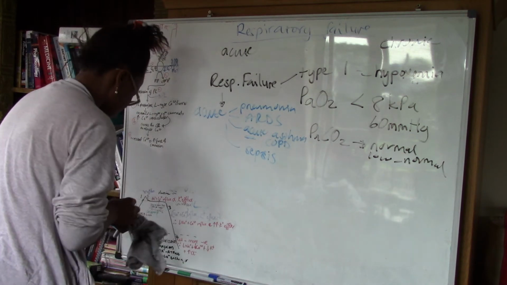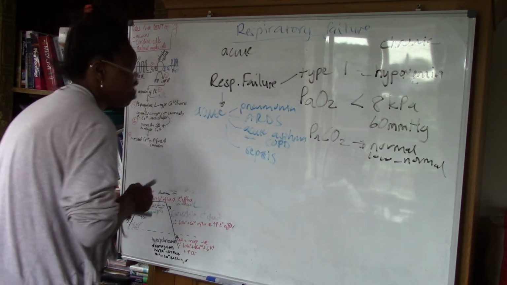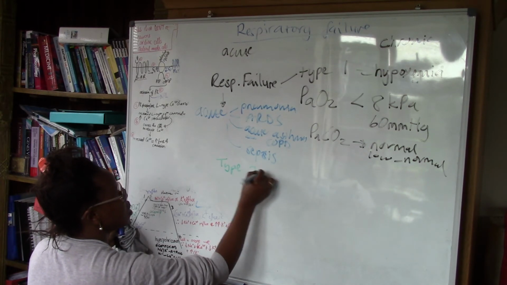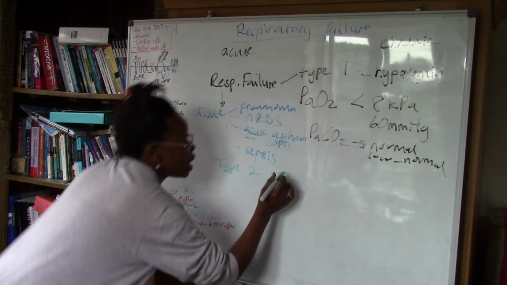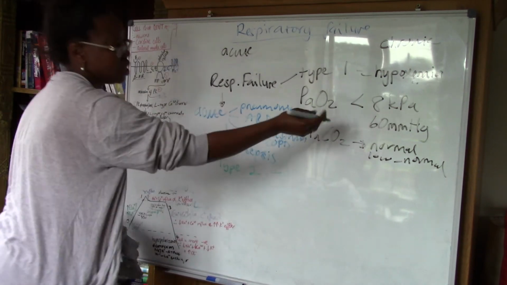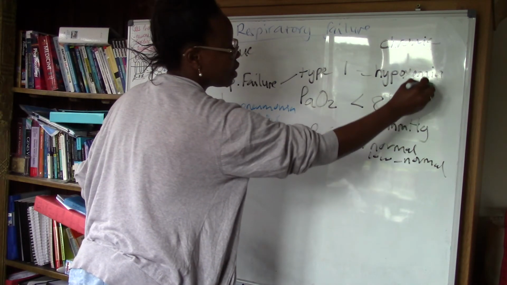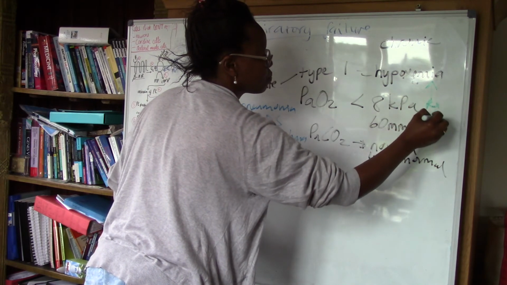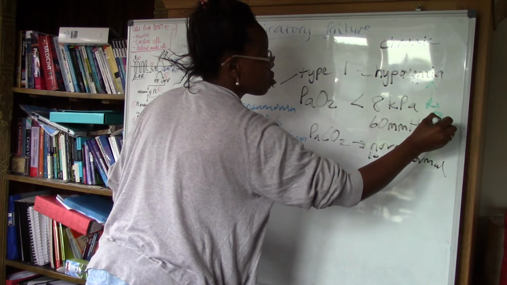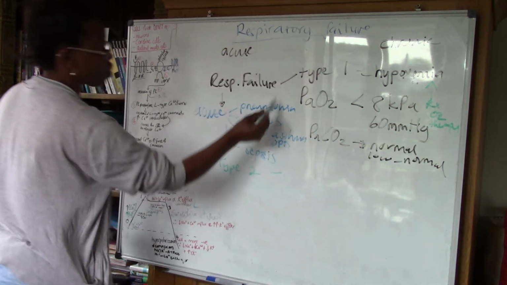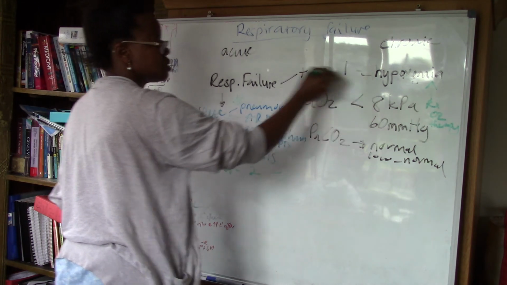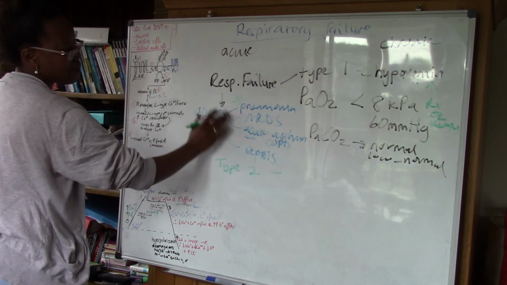Type 2 respiratory failure. The treatment of type 1, I should just mention, is oxygen therapy, the correction of the underlying pathology, because really this is a symptom of an underlying pathology.